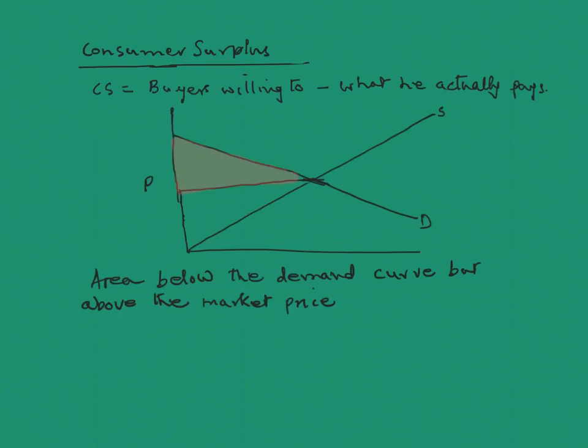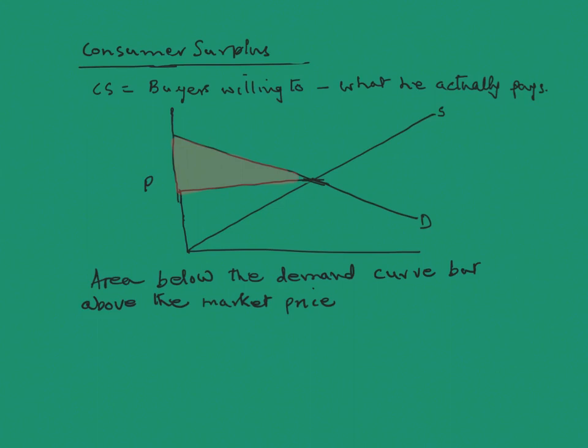Consumer surplus measures the benefits received by buyers from participating in a market. Consumer surplus is the amount that a buyer is willing to pay for a good minus the amount he actually pays. The demand curve represents buyers' willingness to pay.